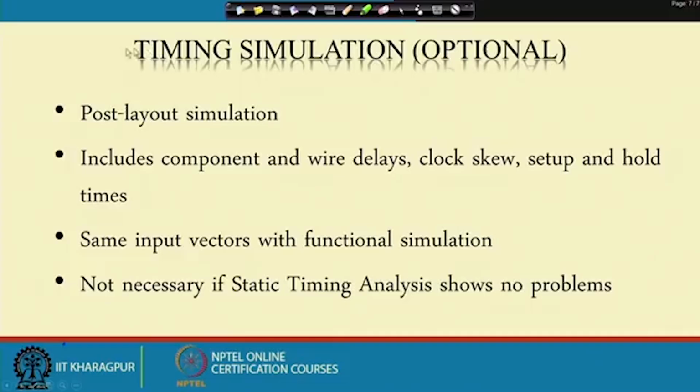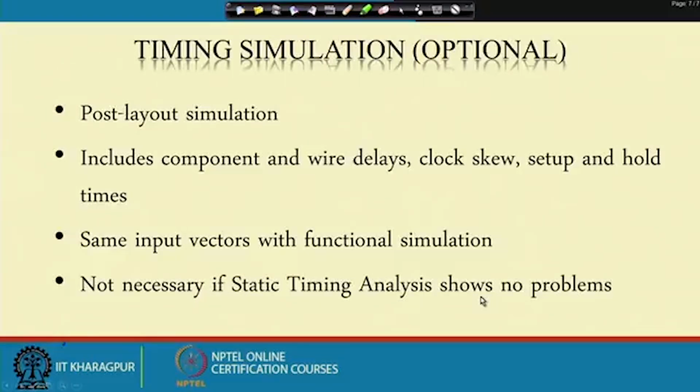Timing simulation includes component and wire delays, clock skew, setup and hold times, though I have put the same vectors as in the functional simulation, and it is not necessary that static timing analysis shows no problem.